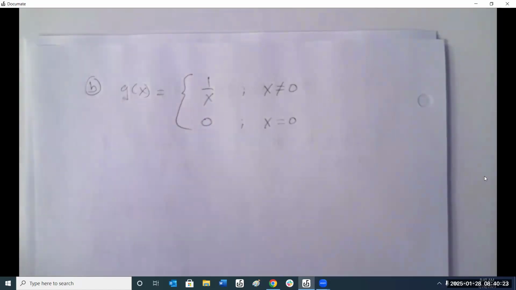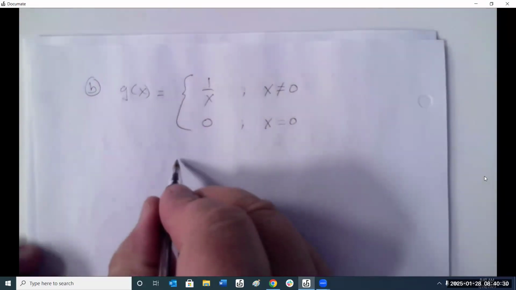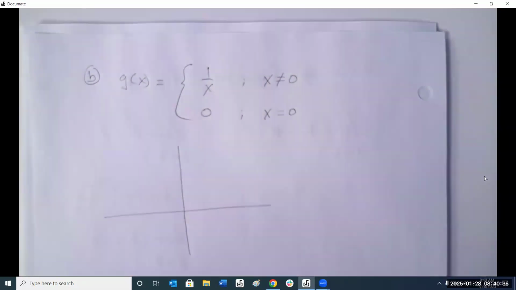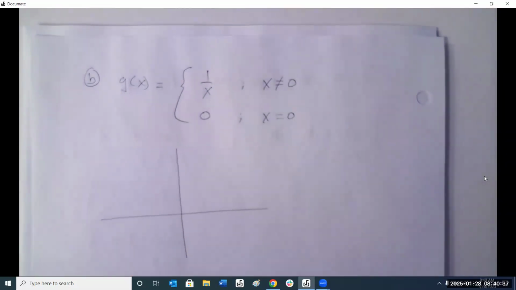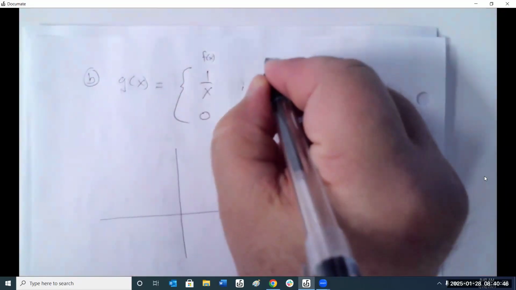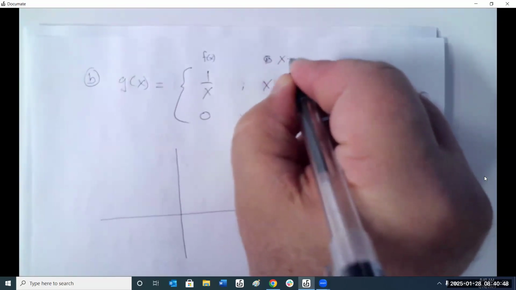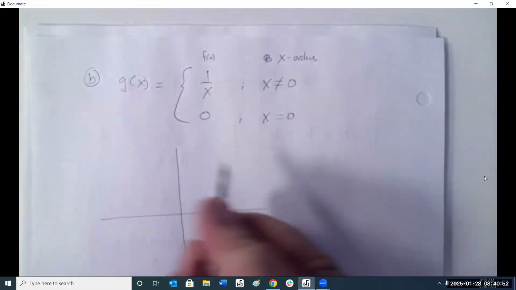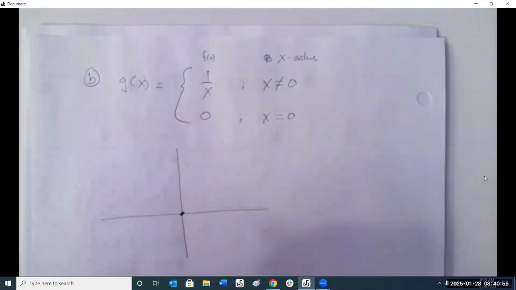What do we notice about this graph? So when x is equal to 0, what do we get? 0. This is my f of x. This is my domain, these are my x values. So when x is equal to 0, y is equal to 0. So we have a dot there.